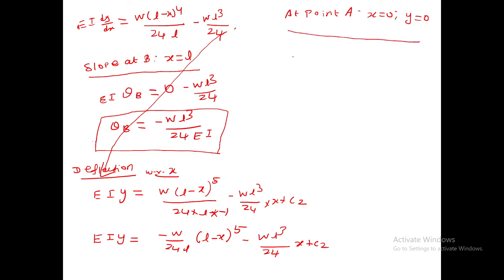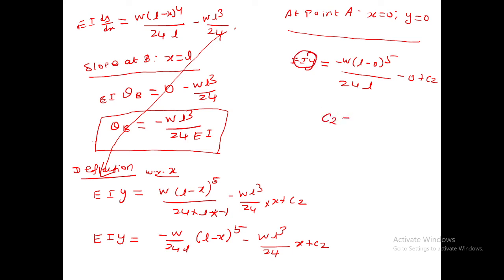So EI y equals minus W into L minus 0 power 5 divided by 24L, plus x is 0 plus C2, and y is 0, so this is also 0.